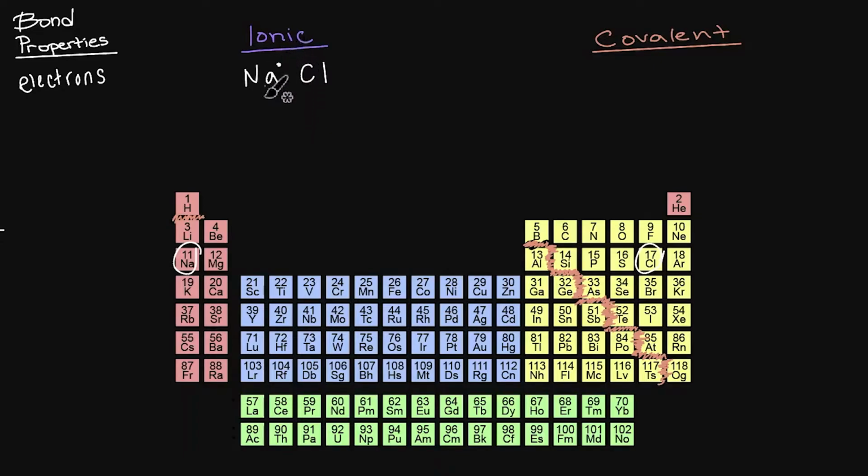When sodium encounters a chloride, it's just going to transfer an electron and become positive. So here we have sodium positive and chloride negative. When these two get together, one electron is going to be transferred, forming an ionic compound. And opposite charges attract each other, so it's going to be an electrostatic interaction between these two, anion and cation.